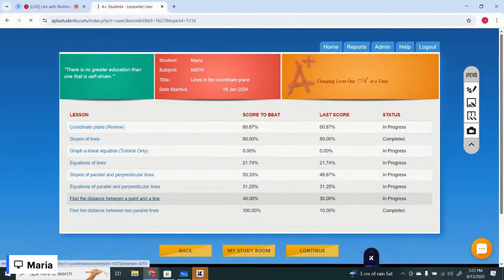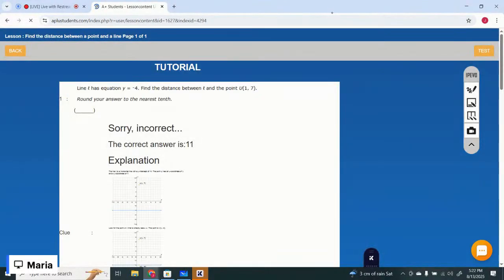Find the distance between a point and a line. Line T has an equation of y equals -4.